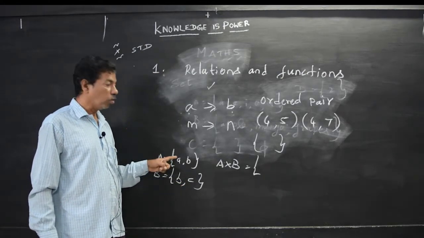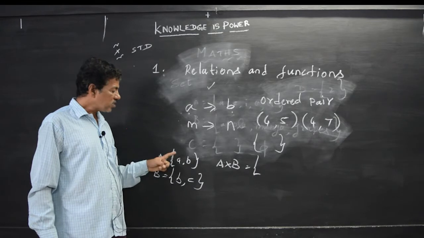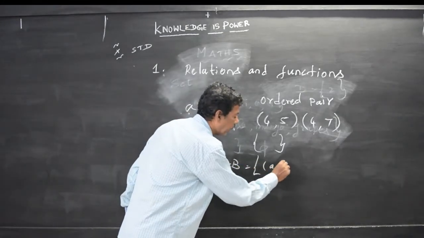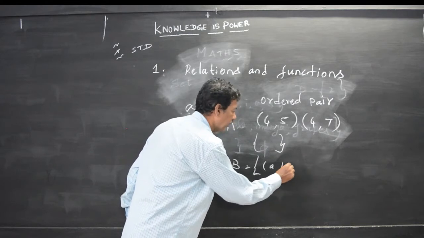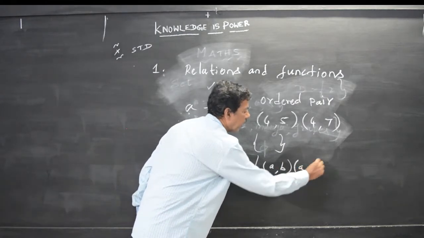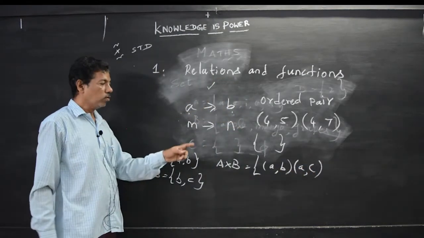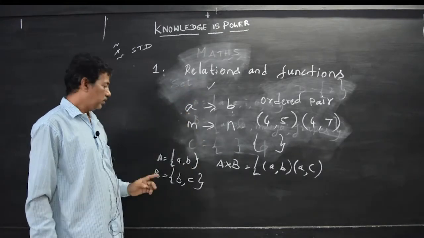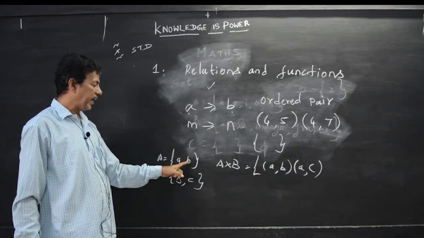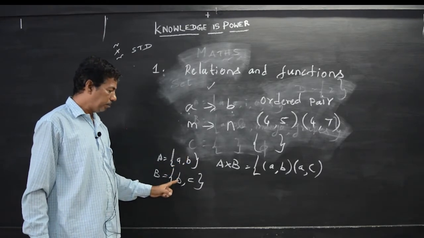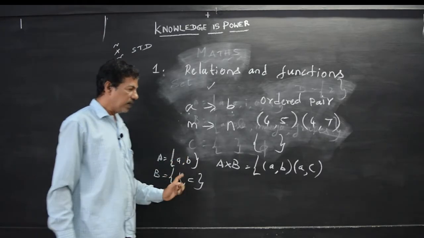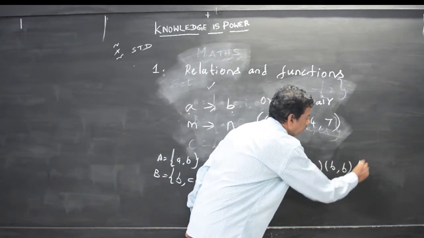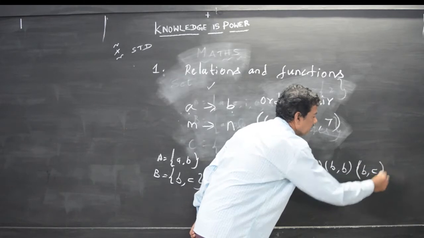Okay, first row B, first row C. So like that you have to make A comma B, then A comma C. Next, take out the second B comma B, then B comma C.